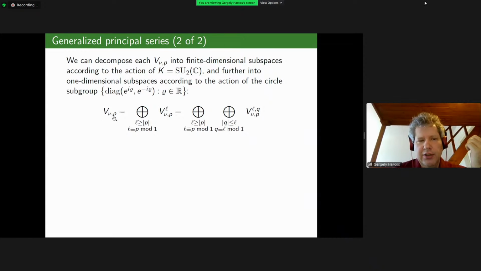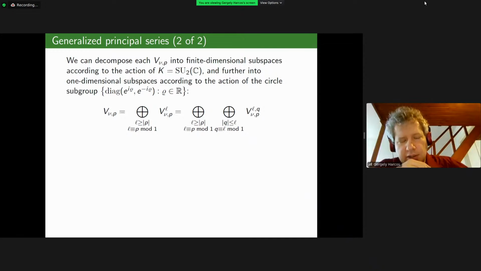If the second parameter of the representation is p, then the K types that occur in the representation correspond to L at least absolute value of p. Once again, the Lth K type has dimension 2L plus 1, but L is not necessarily an integer. It can be any half integer that's congruent to p mod 1. But in our situation, for the representations that occur in the automorphic L2 space, L2 of G mod gamma, all these parameters will be actual integers, not half integers.